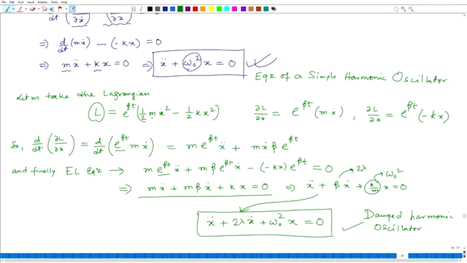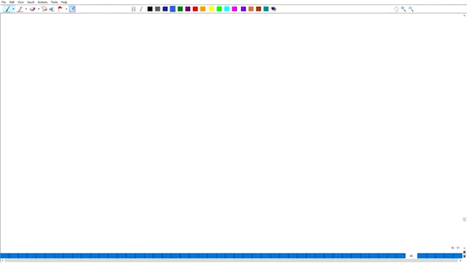Okay. I am going to another example where you will again have a little bit of strange feeling. So, I use again the blue color. So, we now take the Lagrangian, L is equal to half m x dot square minus half k x square plus x f, where f is a function of t only.